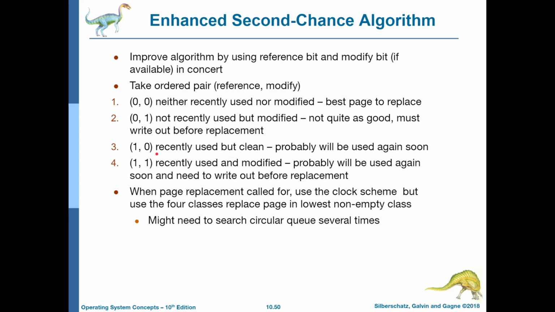So we probably can swap this out. We will probably be used soon, but we could still swap this out. And if both bits are set, that means not only was it recently used, but it was modified too. So this is one way to manage this. It gives a better idea of what the page is being used for and whether it's a good victim to swap out.